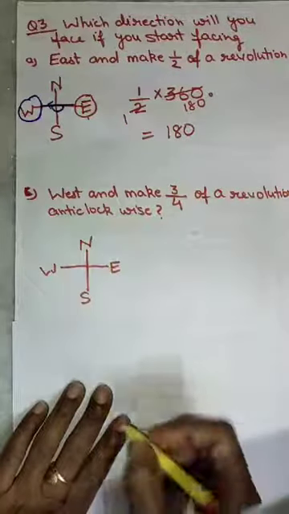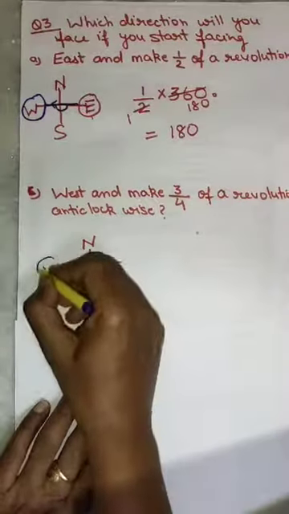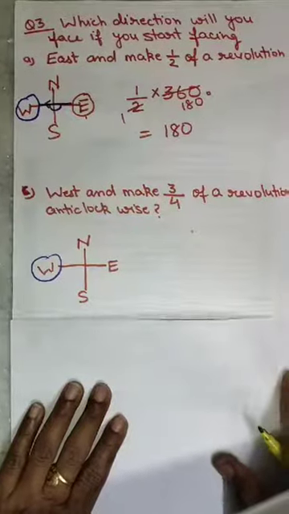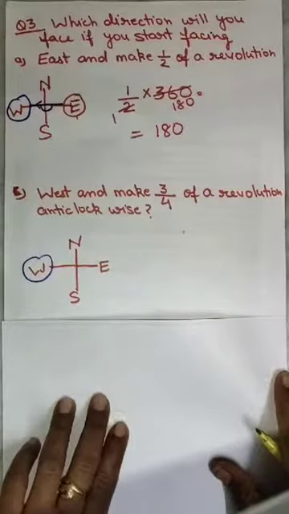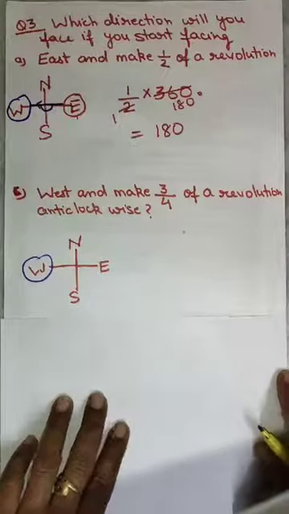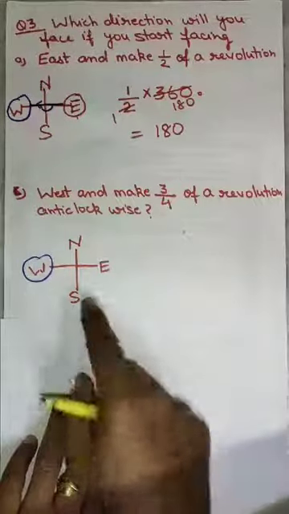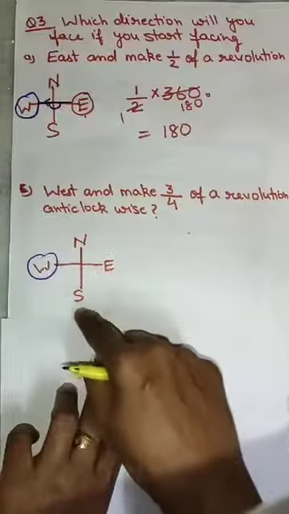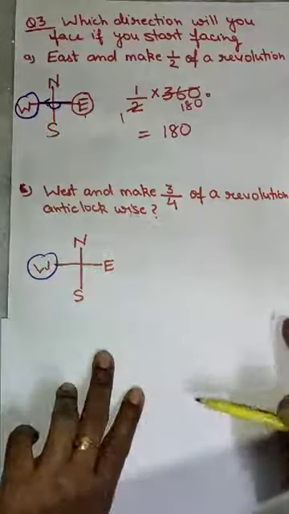We have started from west, from here. And anti-clockwise we make 3/4 revolution. Anti-clockwise I have told you is the opposite direction of the clock's movement, like this. We will move like this in the opposite direction.